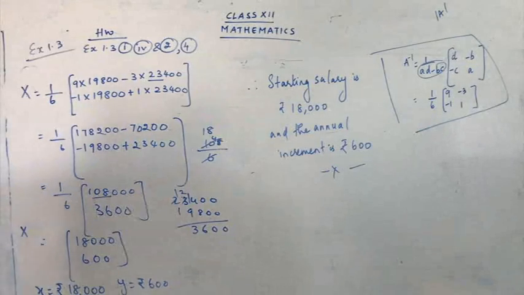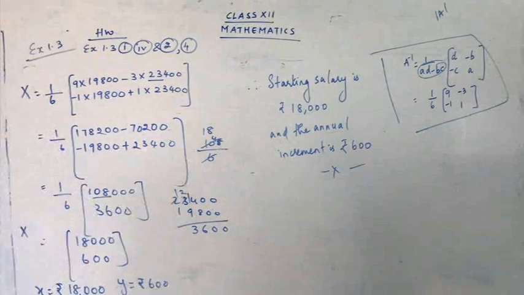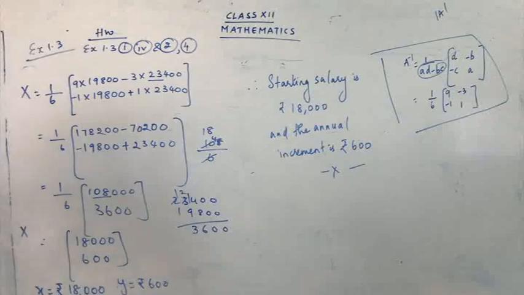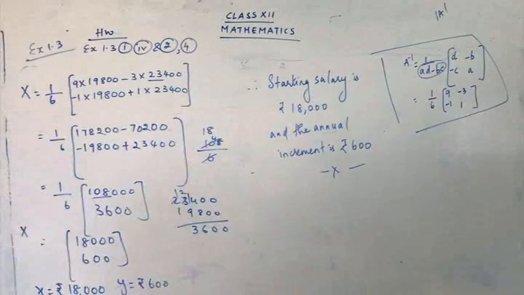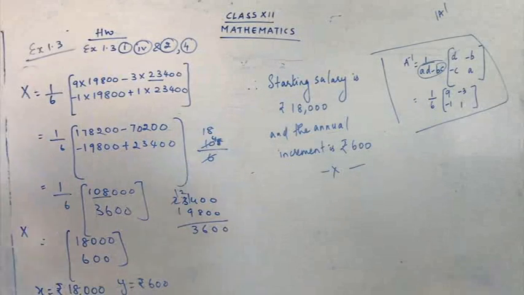Then question number 2, you have to refer to your example 1.24 and the 4th sum. The 4th sum also deals with a 2 by 2 matrix, so it's easy to apply the formula and get the answer. Read the question carefully, form the equation and try to solve for the unknown values.